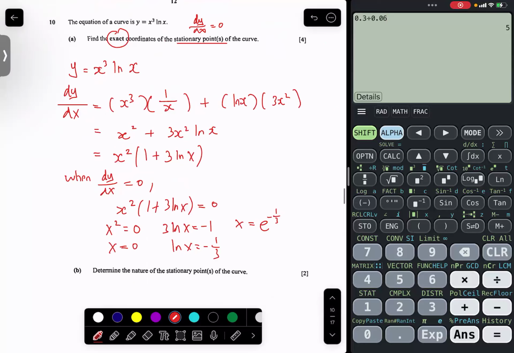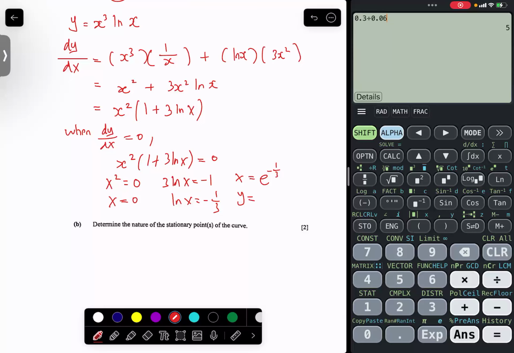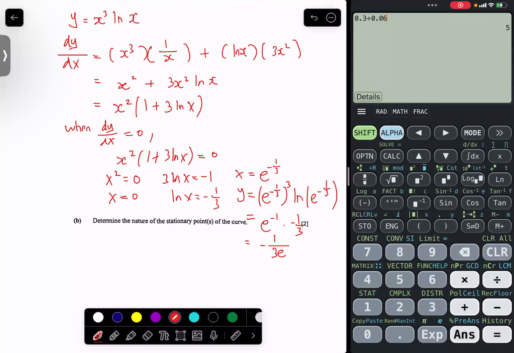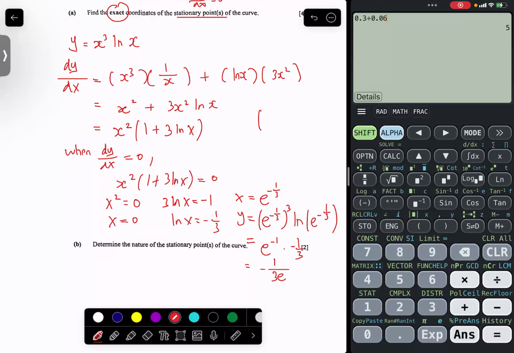Then for the coordinates, y equals x cubed ln x, which is e to the negative 1/3 cubed times ln e to the negative 1/3. This gives e to the negative 1 multiplied by negative 1/3, so negative 1 over 3. So the coordinates are (e to the negative 1/3, negative 1 over 3). Answer.